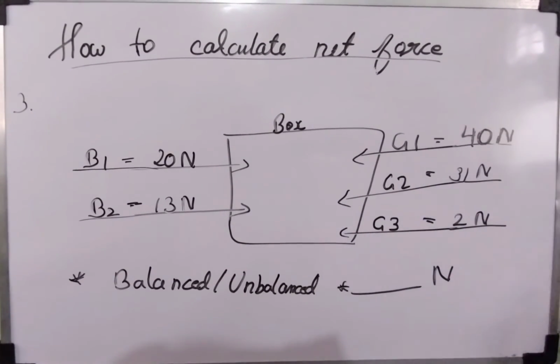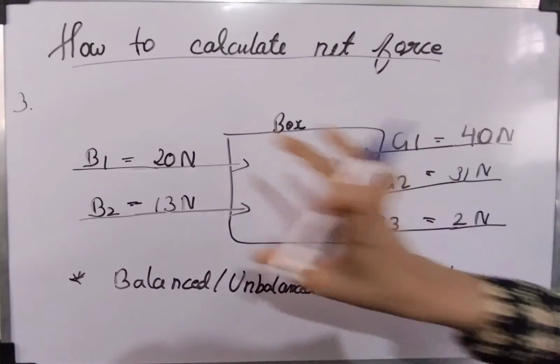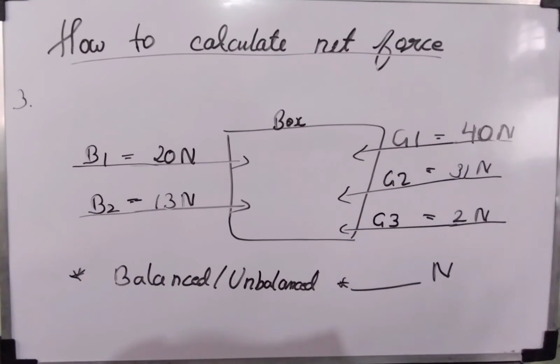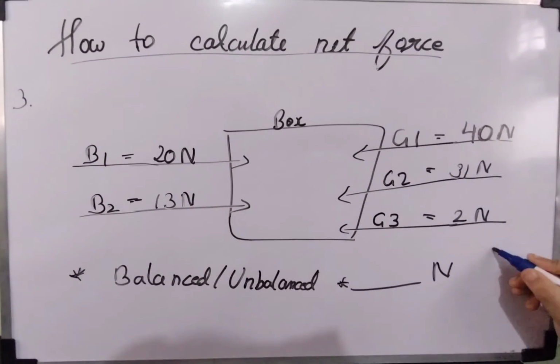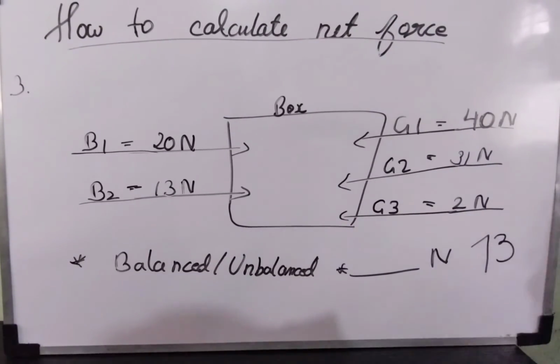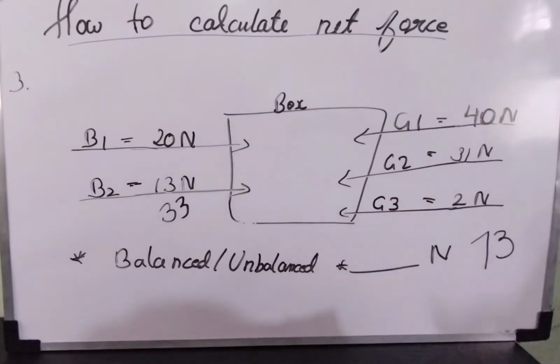As I told, we need to add them here, and here also. First we'll add this one: 40 plus 31 plus 2 gives us 73 Newton. Now we need to add these also, which gives us 33 Newton.